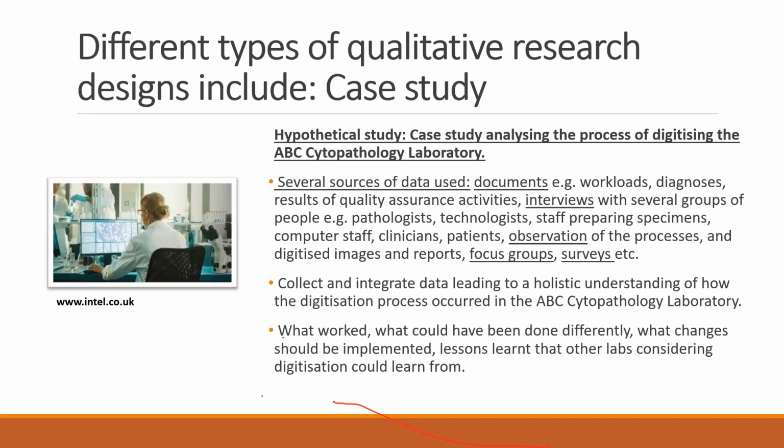You could observe the various processes, the actual workflow of how a specimen gets to the laboratory and what happens when it's digitized, all the way up to a report being generated. One could use focus groups, surveys or questionnaires. By using these several sources of data, you get a holistic understanding of how the process occurred.